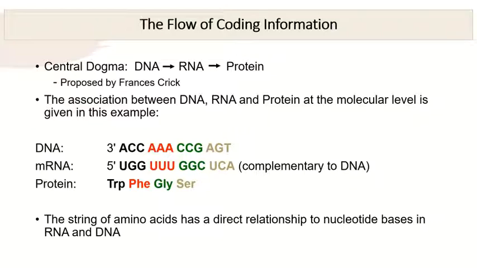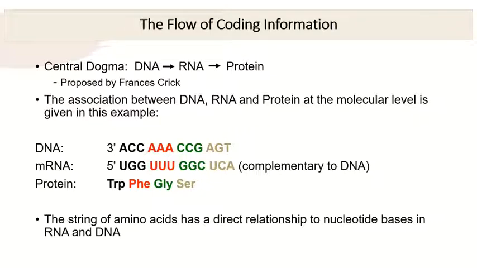Later, after you do the translation process, you will have tryptophan, which is the amino acid from the UGG, phenylalanine, which is the amino acid for the codon UUU, glycine is the amino acid for the codon GGC, serine is the amino acid for the codon UCA, and so on.